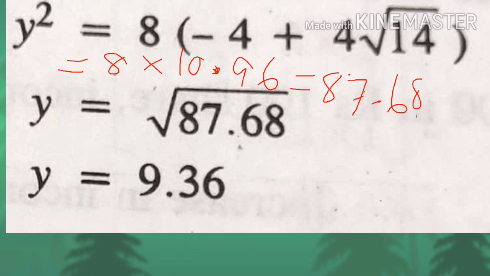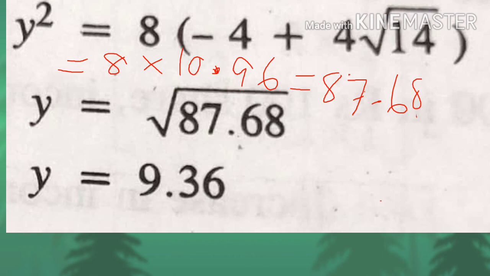Thus, y square is equal to 8 into x, that is 8 into minus 4 plus 4 into square root of 14, that is y square is equal to 8 into 10.96 is equal to 87.68.